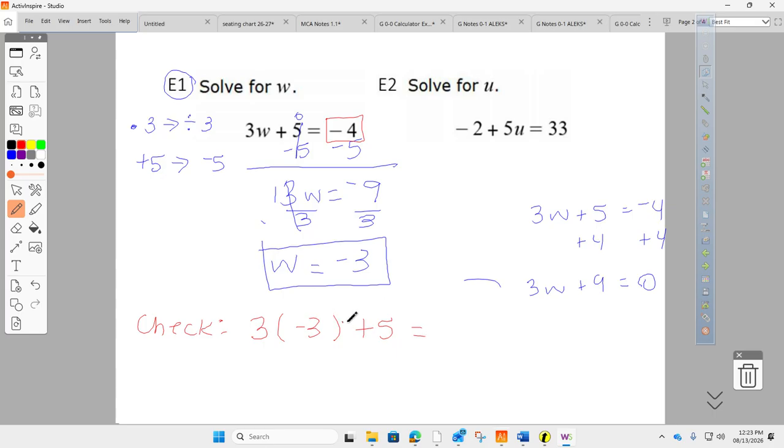So this is negative 9 plus 5. You should have gotten negative 4. Anybody not get negative 4? Okay. I'm going to erase this over here, and we're going to do example 2.